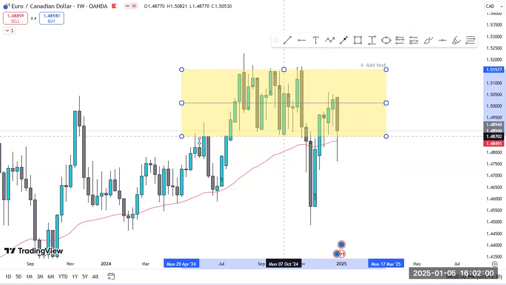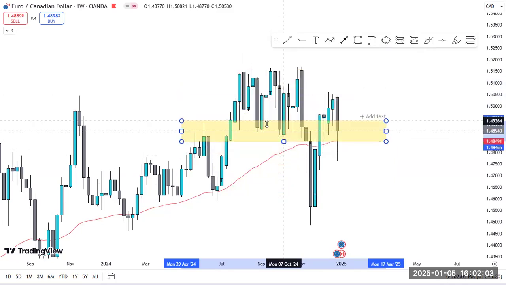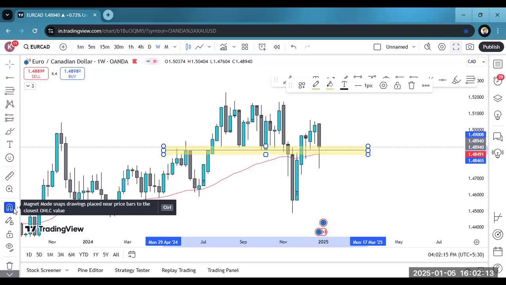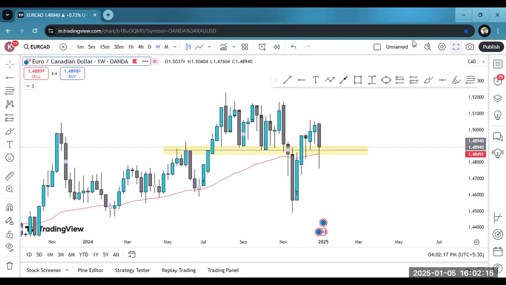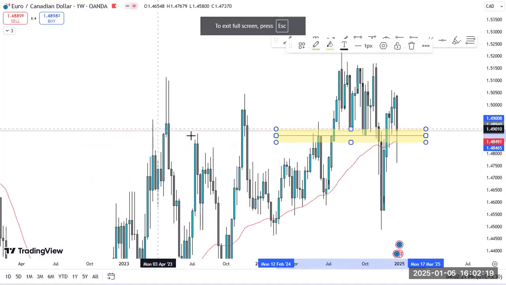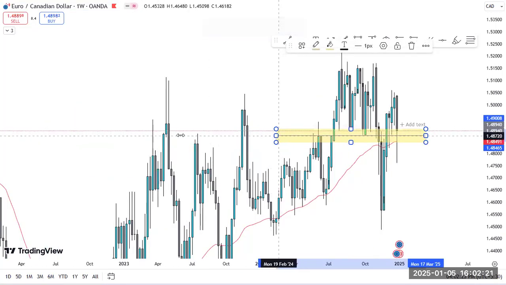Actually, I've got something here, somewhere around this zone. I will just turn off the magnet for a minute. Let's check if I'm getting it from the left side.